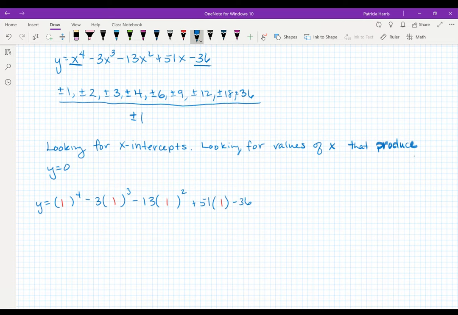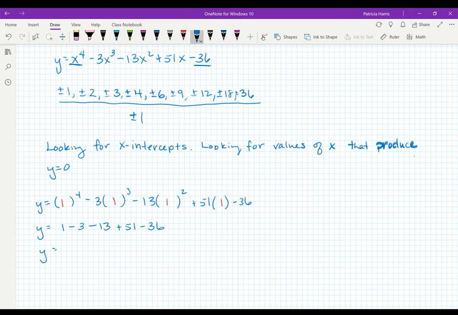All right, so if I work that out, I get 1 minus 3 minus 13 plus 51 minus 36. So that would be, let's see, negative 18. Oh, wait.